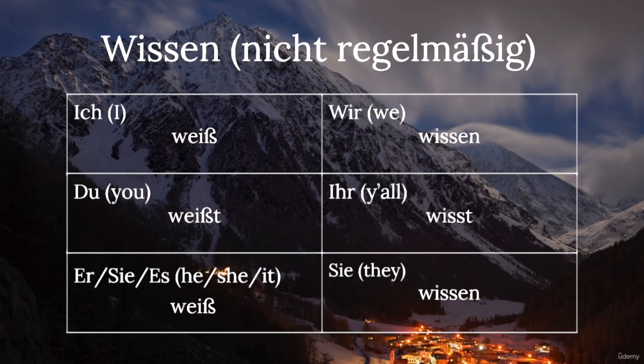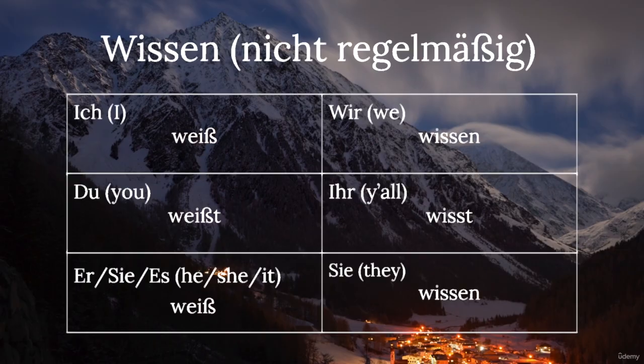He knows, for example, means er weiß. After that, the verb is completely normal. Wir wissen, ihr wisst, and sie wissen.